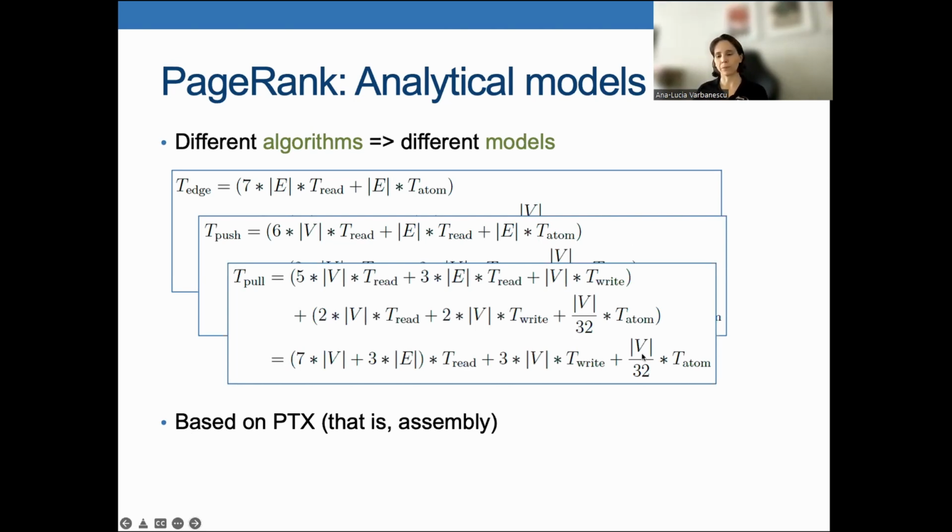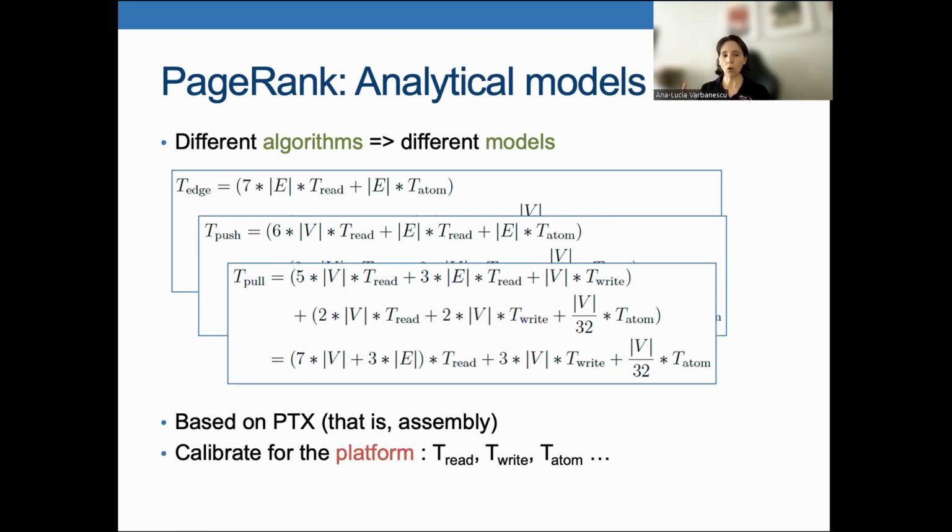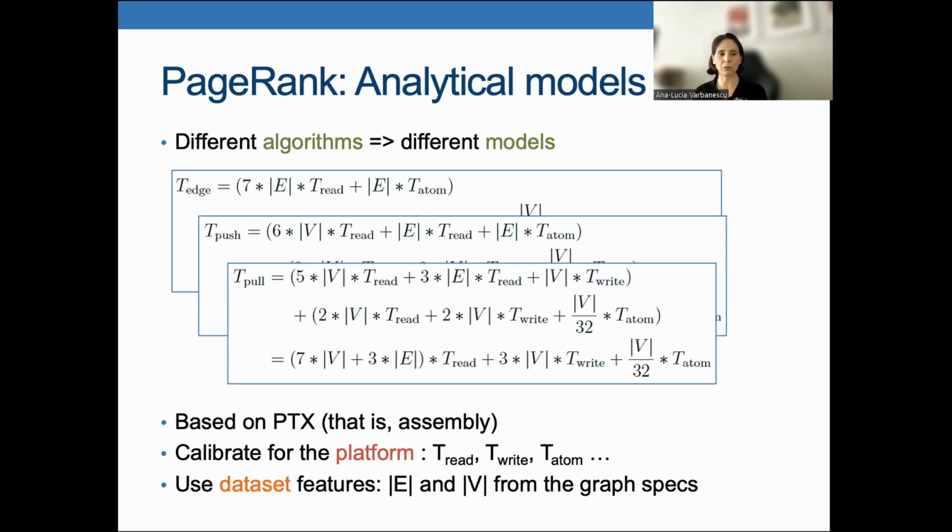This has to do with the warp size on an NVIDIA GPU and how certain operations were executed in lockstep. So what we wanted to do next was to extract this cost for reads, writes, and atomic operations from the different GPUs that we were running, and use the edges and the vertices as part of the graph specifications.